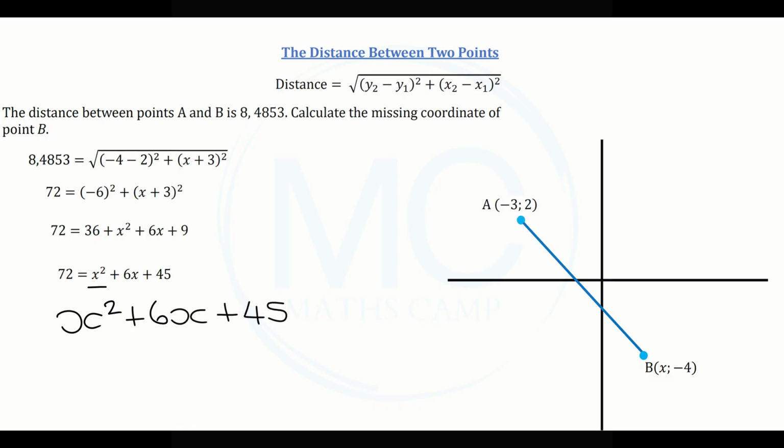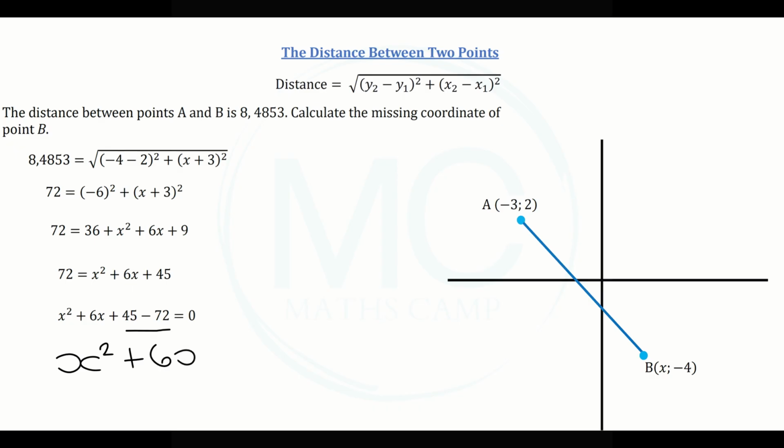Then we need to move the 72 across, so we say minus 72, and we make this equal to 0. Now, before we factorize, let's add like terms. So we have x squared plus 6x, 45 minus 72 gives us negative 27, and we can make this equal to 0.